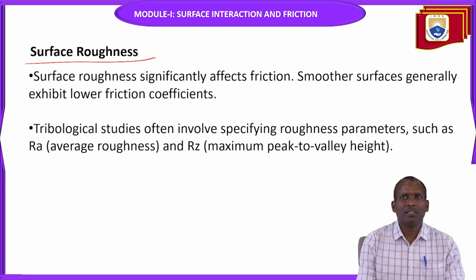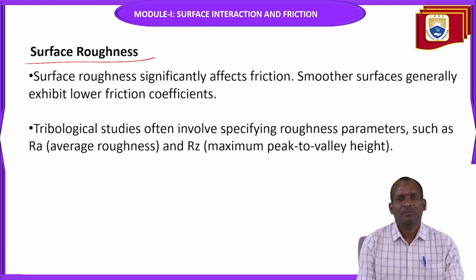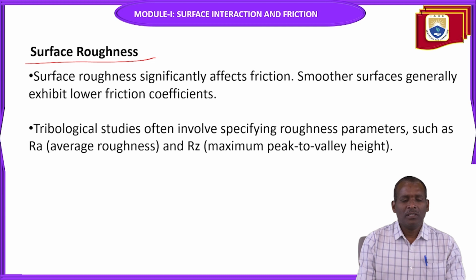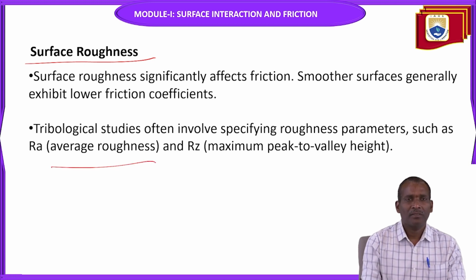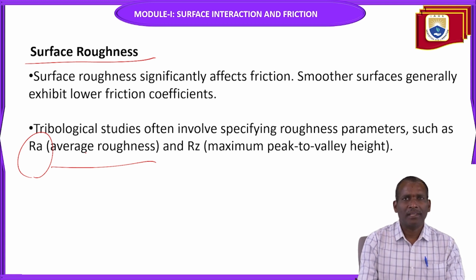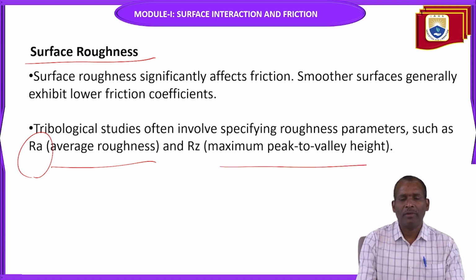Smoother surfaces generally exhibit lower friction coefficients when compared to a harder surface. Tribological studies often involve specifying roughness parameters such as average roughness, denoted with R suffix a, and maximum peak to valley height, that is R suffix z. So you can measure the surface roughness.